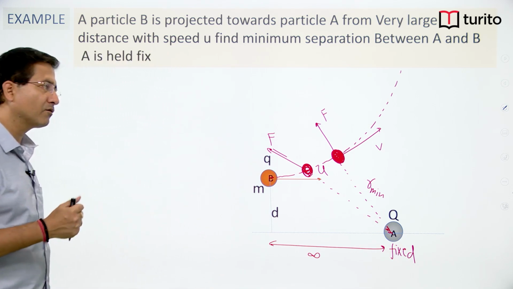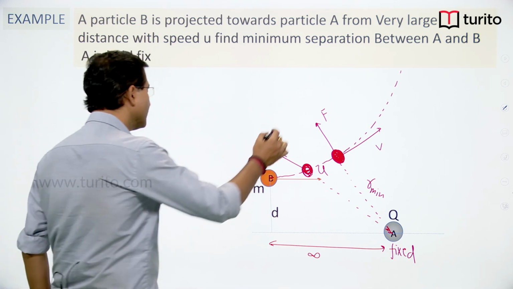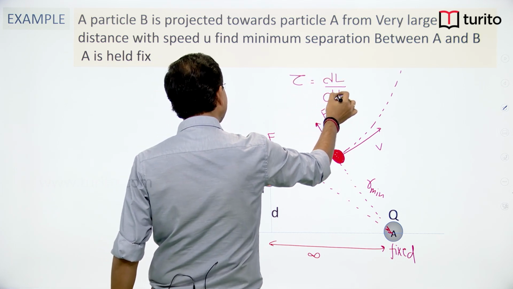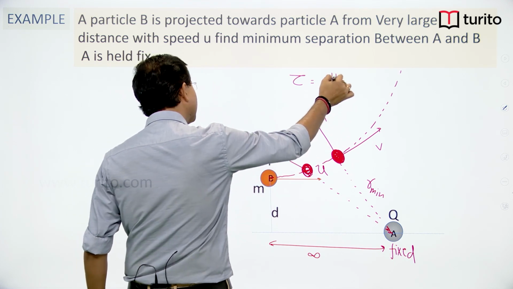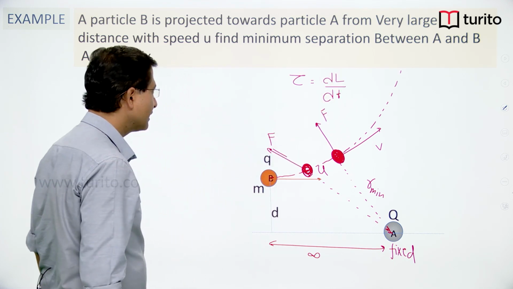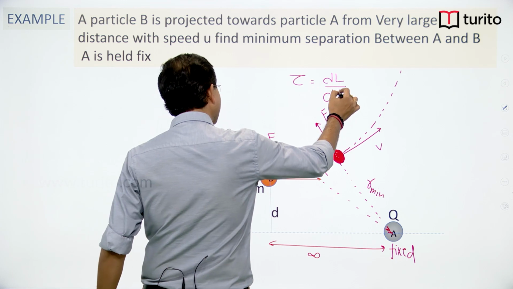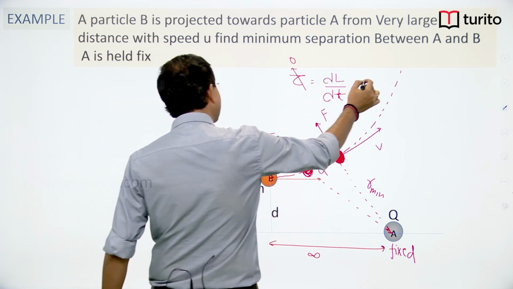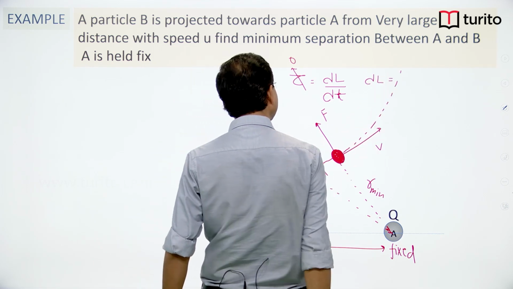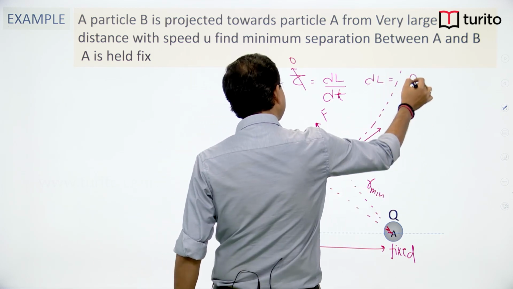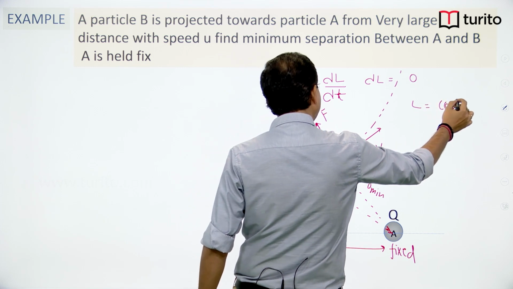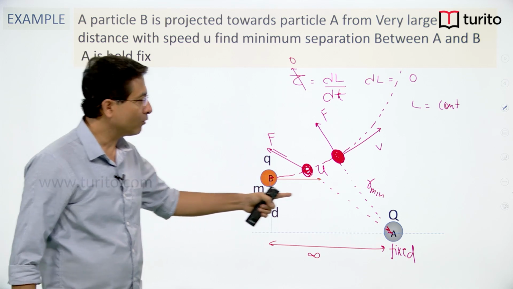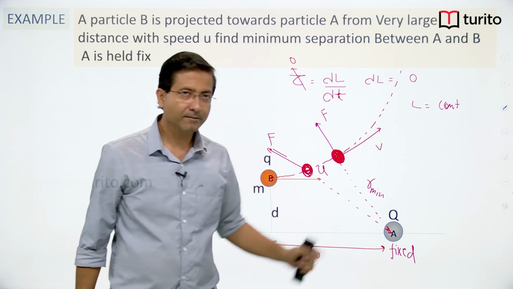As torque offered by the force is 0, and we know that torque changes the angular momentum of the system, dL by dt, where L is the angular momentum, if torque is 0, change in angular momentum will be 0, which means angular momentum is constant, or I can say angular momentum of B about A is conserved.